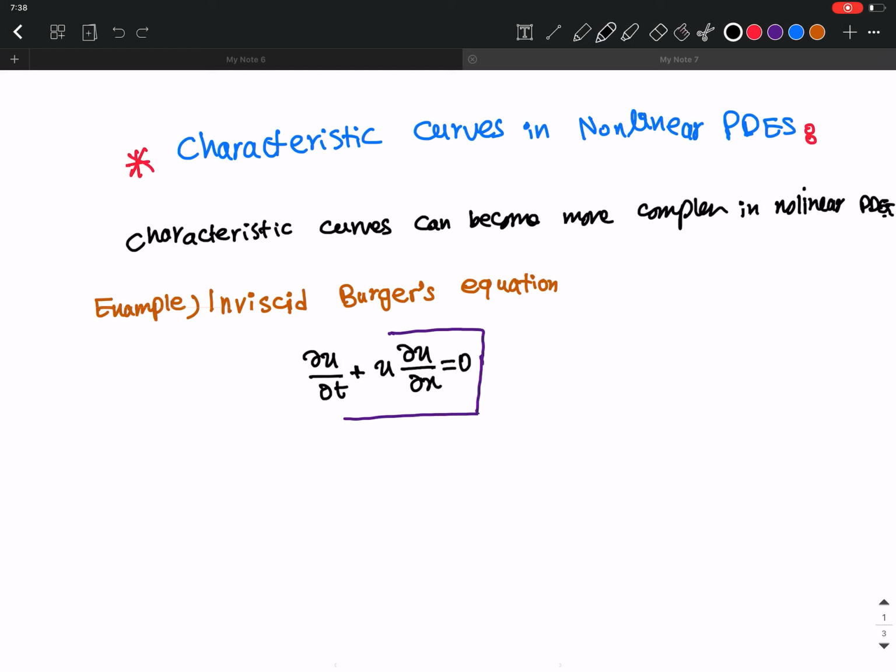Okay, so the first thing that we want to do is to find the characteristic curves in this equation. So the question is, find the characteristics in this Inviscid Burger's equation.